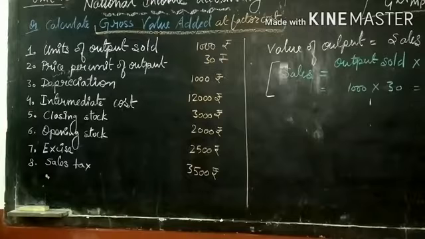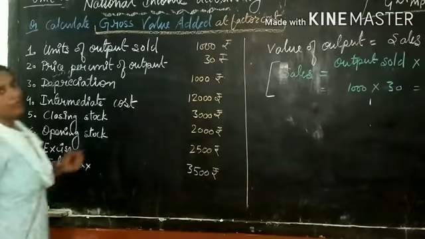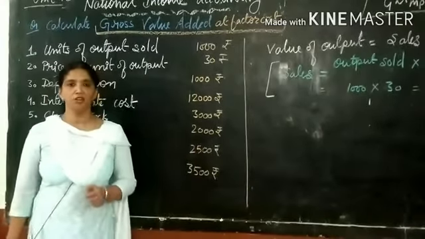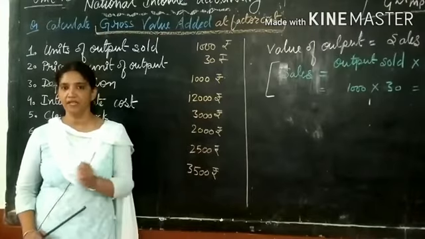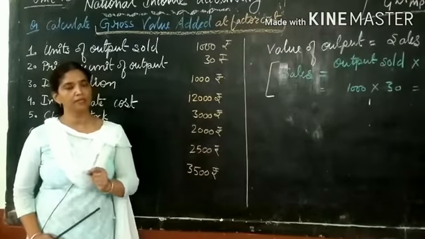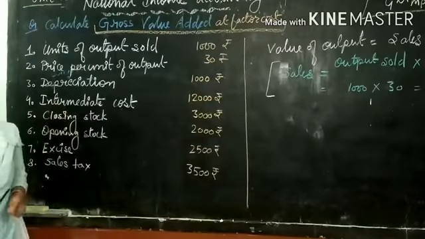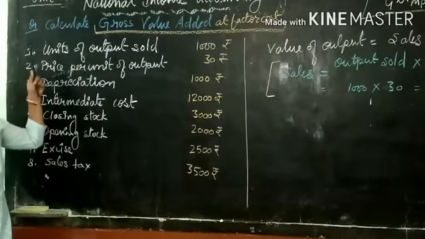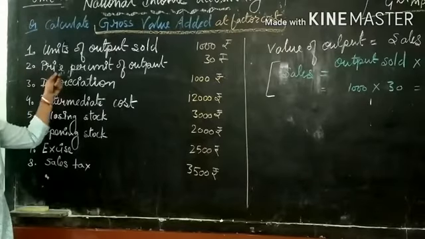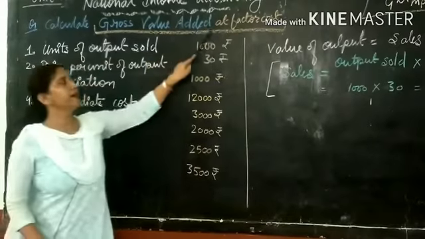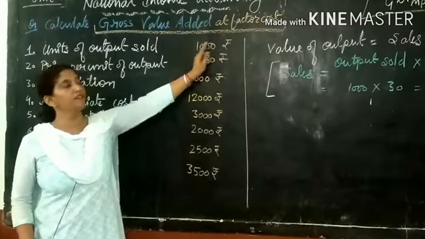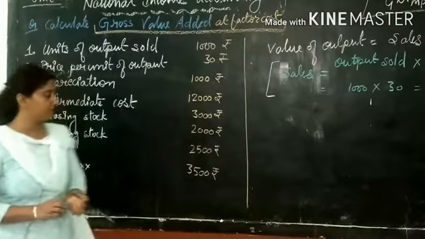To understand the estimation of national income, we will go through a numerical example. The question is: calculate gross value added at factor cost by using value added method.